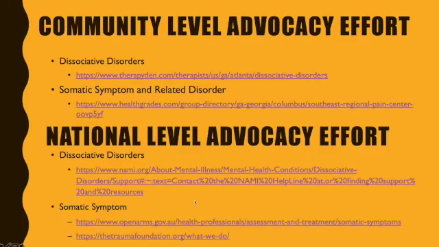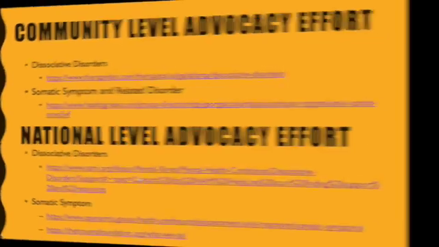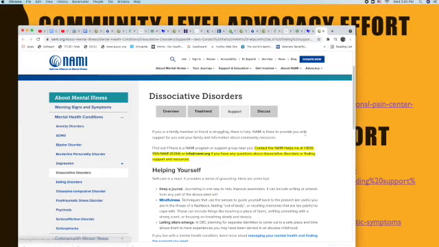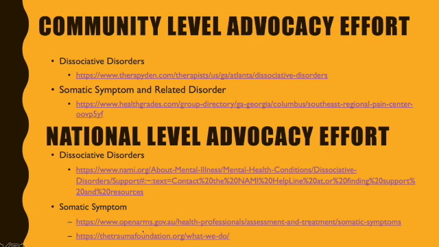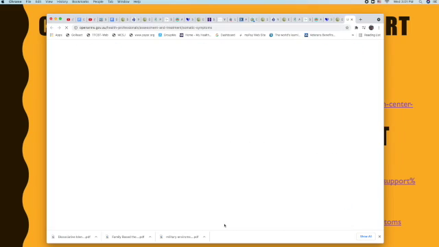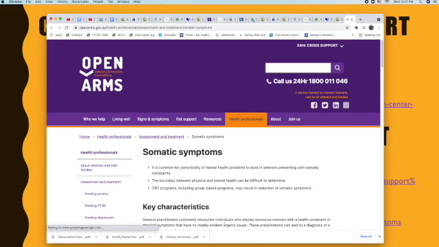All right, so now let's go to our national level advocacy efforts for dissociative disorder. I thought this was very interesting as a national effort, again coming from the National Alliance on Mental Illness: they have a 1-800 helpline. And then for somatic symptom disorder, there are times where I just want to focus on military folks, if it's something that's powerful for getting assistance with military.